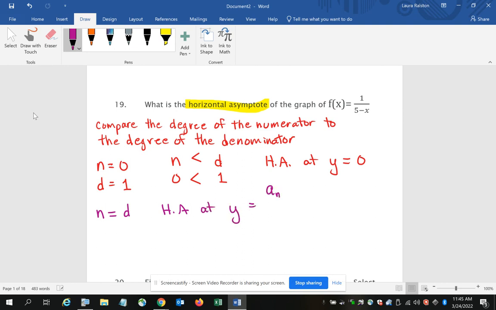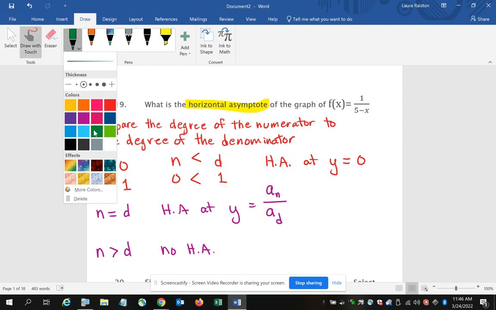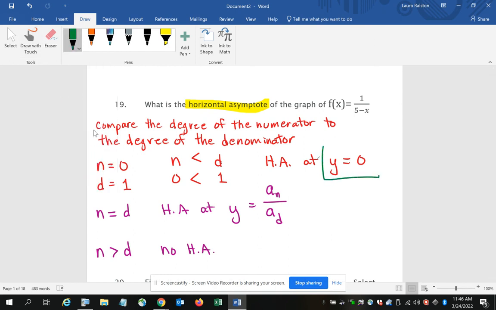You'd have the leading coefficient of the numerator divided by the leading coefficient of the denominator. If the numerator is greater than the denominator, there's no horizontal asymptote. Okay, so those are the three guidelines. The one that applies here is this first one. So we do have a horizontal asymptote, and the horizontal asymptote occurs at y equals 0.